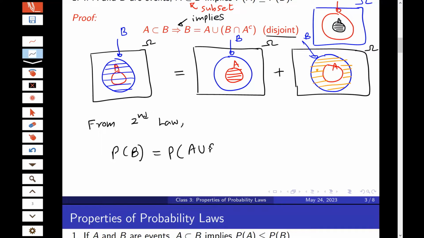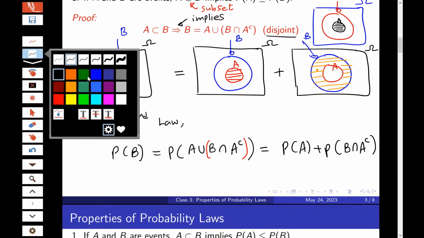So B equals A union B intersection A complement. Now I can break this into disjoint sets. So I'm going to write P(A) plus P(B intersection A complement), because these two are disjoint sets.